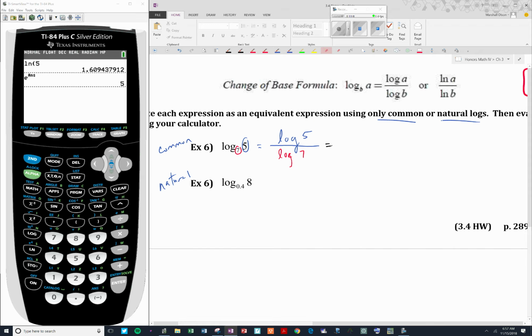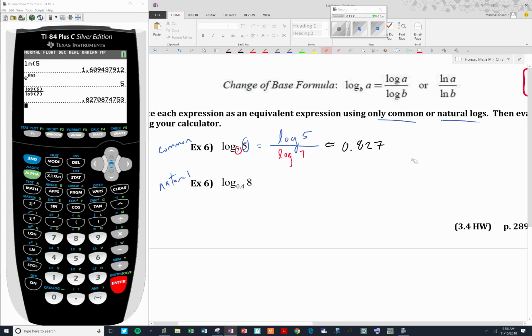So we're going to have, I'm going to use that fraction template just so it looks nice, and go log of 5 over log of 7. 0.827. So we have approximately 0.827. I'm going to round to the ten-thousandths.